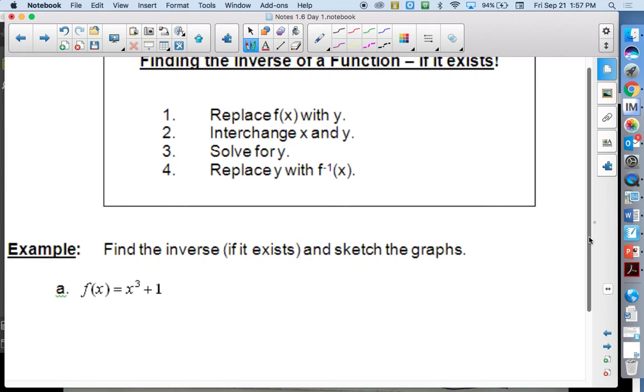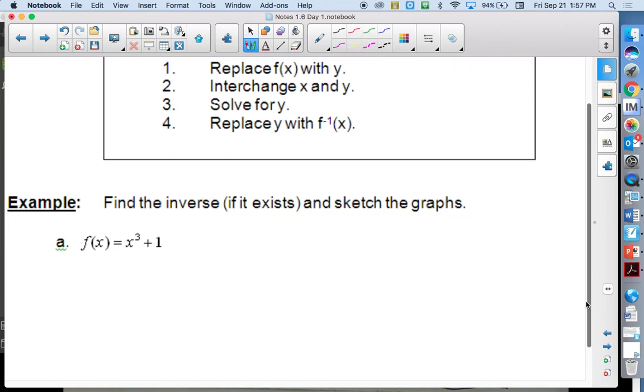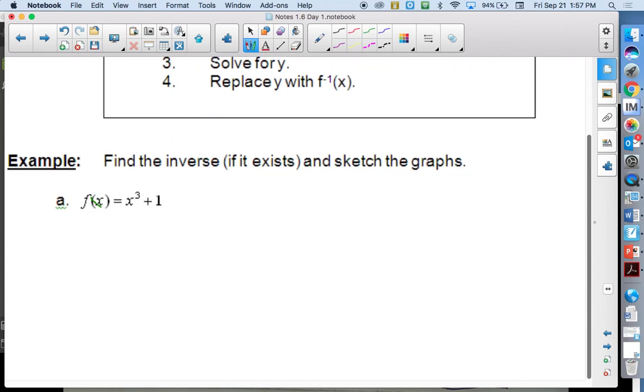To find an inverse, if it exists, and the book will say, check to make sure it exists first, check graphically. Plug it in your calculator to check graphically. First step, replace f of x with y. Okay, so now it says y equals. Second step, switch x and y. Literally, x equals y cubed plus 1. Third step, solve for y.